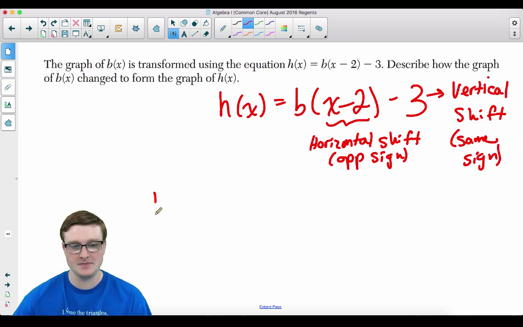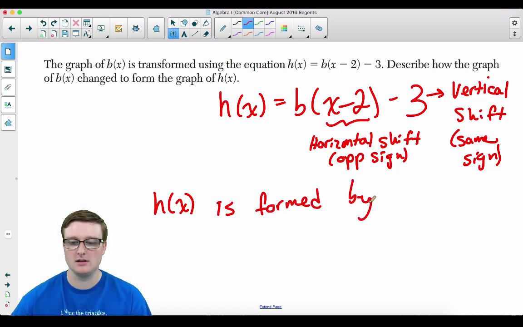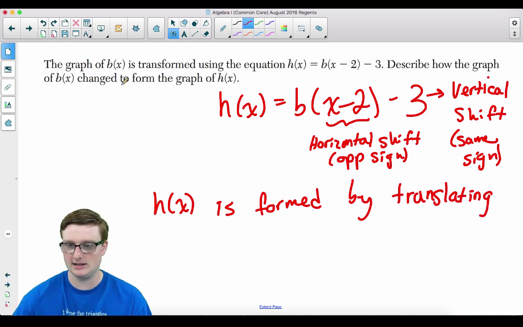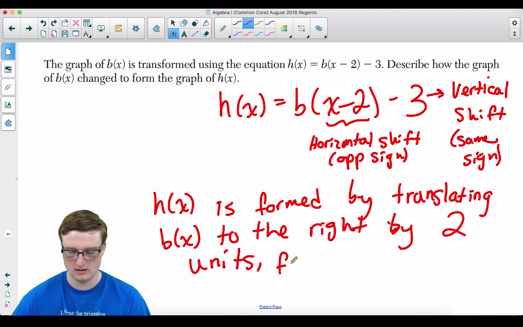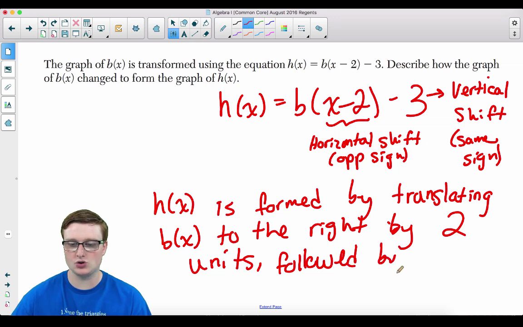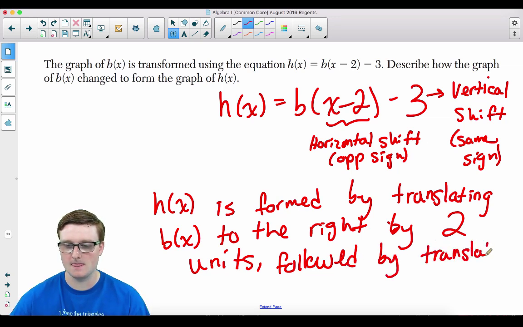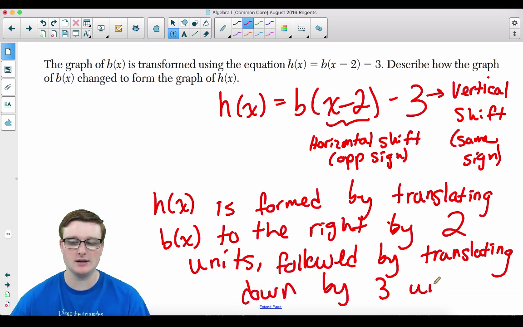So we are going to say that h of x is formed by translating, which just means moving, b of x to the right by 2 units, followed by translating down by 3 units.